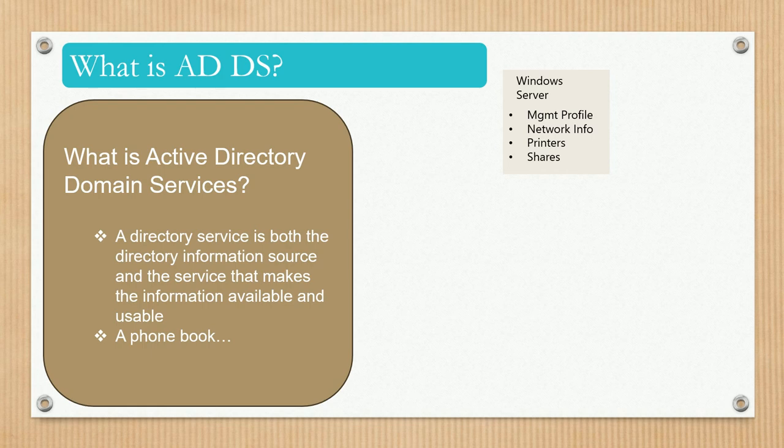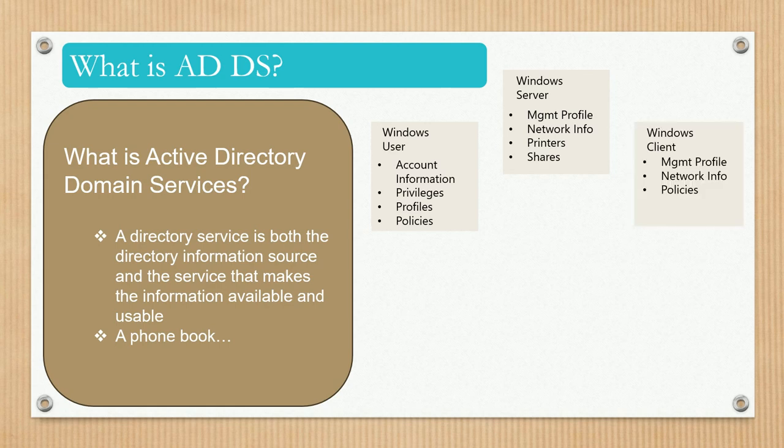When you are in the server, you can manage the profiles, network info, printers, and the shares like shared folders. For Windows users, it will help you manage your account information, privileged profiles, and the policies. For Windows clients, it will help you manage the profile, network info, and the policies.